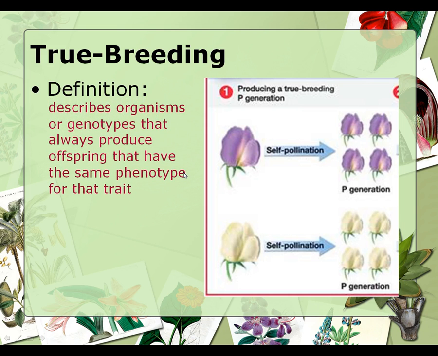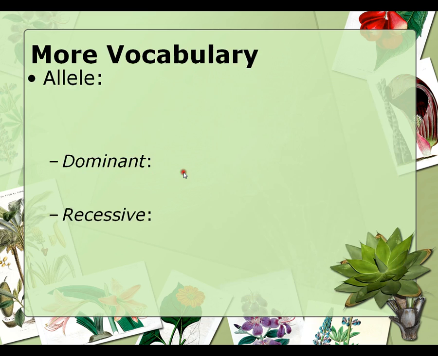The closest thing to true breeding in the animal world are purebred animals. Think about purebred dogs or purebred horses. If you have a Shar-Pei puppy, you know that the only way to know if it's a purebred is to look at the parents. Are the parents purebred Shar-Peis as well?